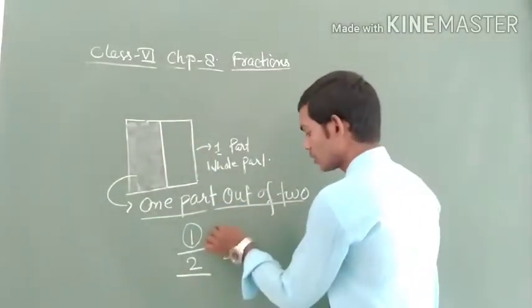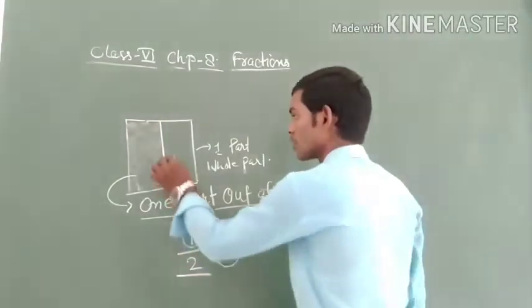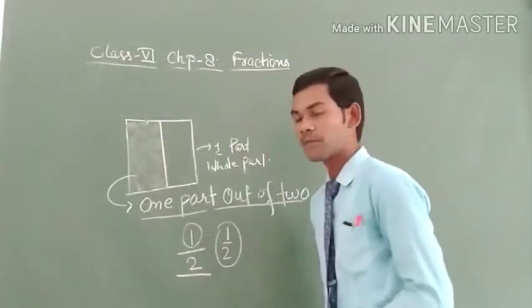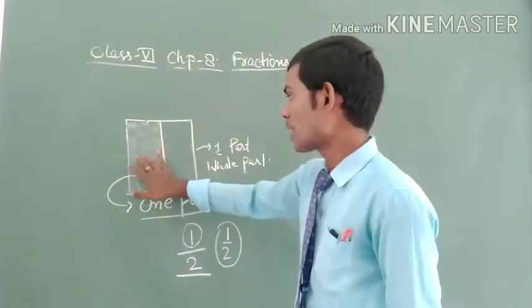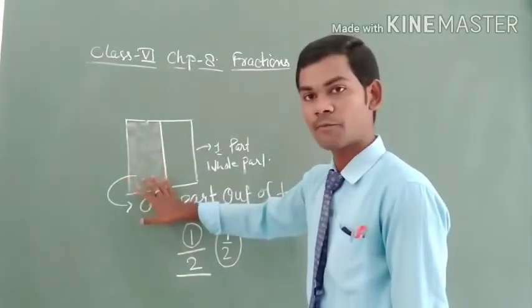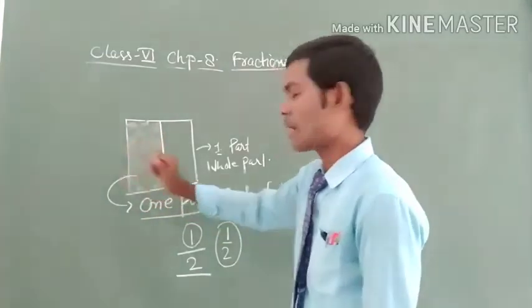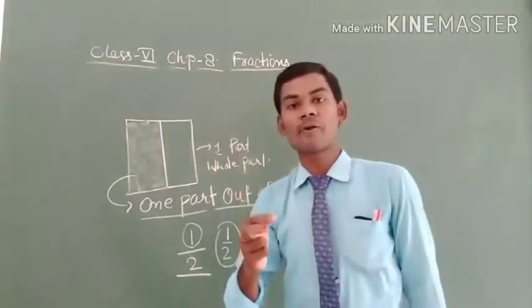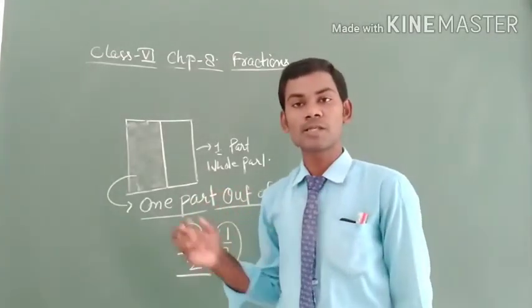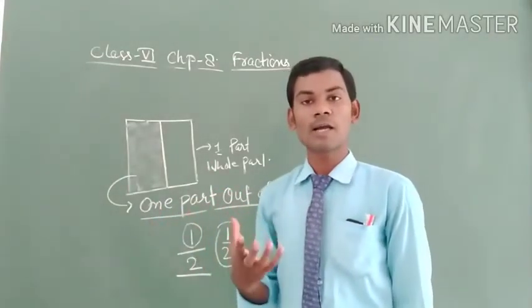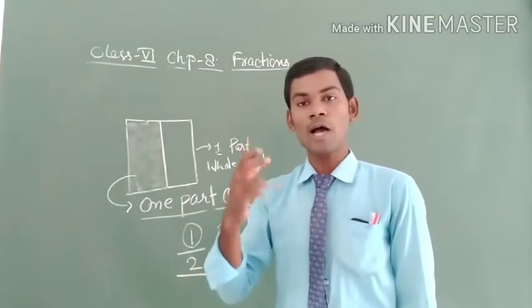Okay, and here 1 by 2, in the figure we can see that one part out of 2 has been shaded, which means the half part, because here I divided the square into two equal parts. That means this square is divided into two halves.